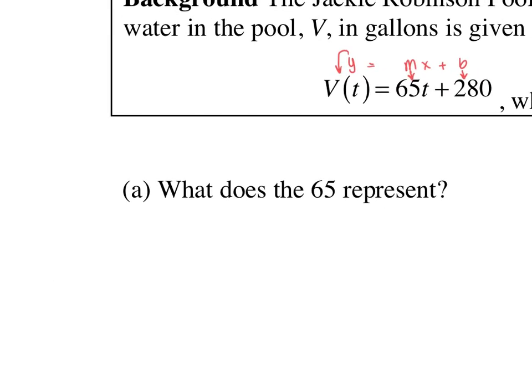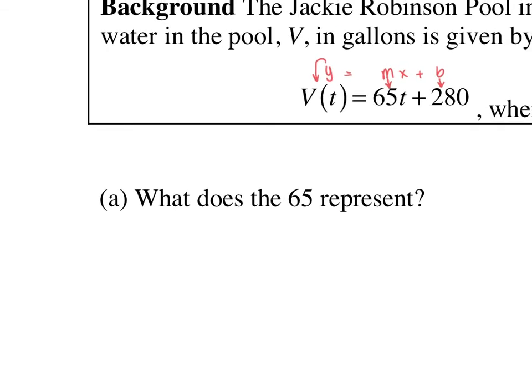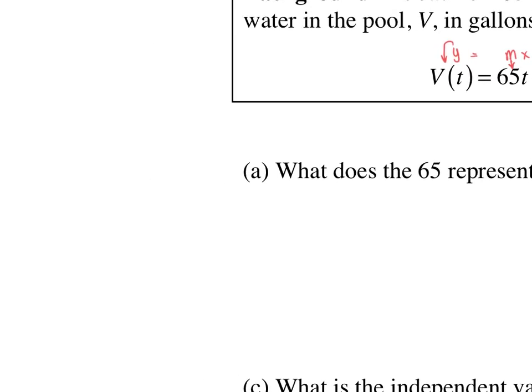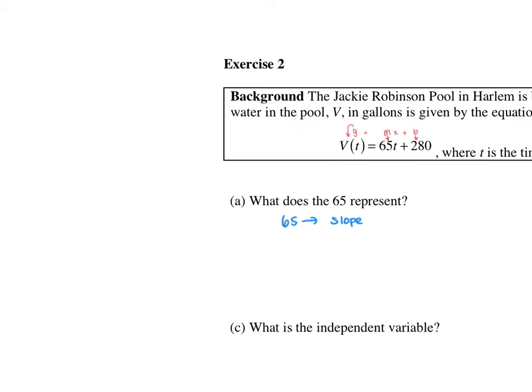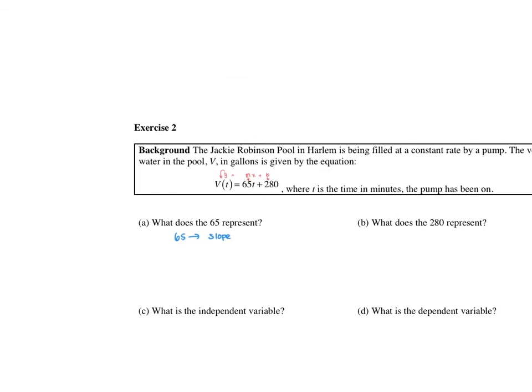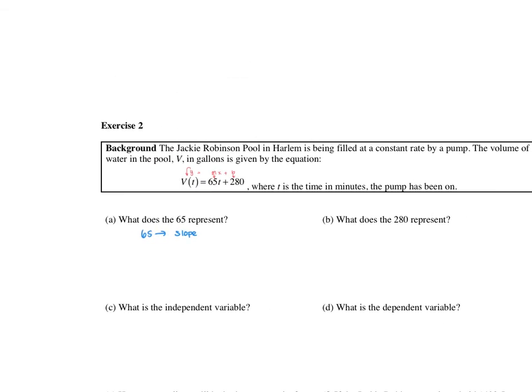So I have to look at this first question, part A. What does the 65 represent? Well, the first thing we can write down is that the 65 represents our slope. But we can also say that it is 65 gallons per minute.